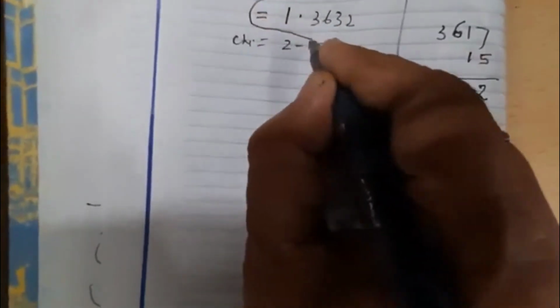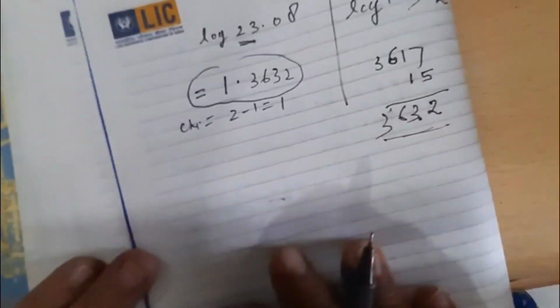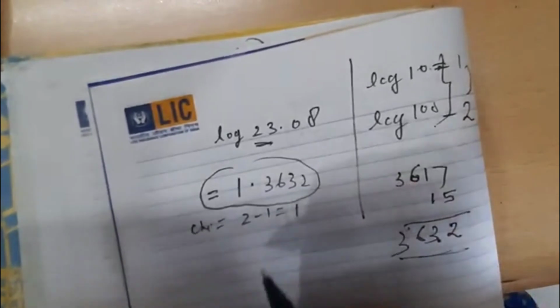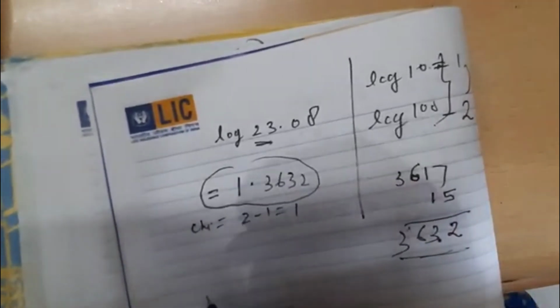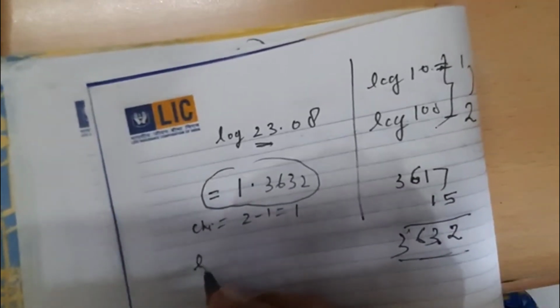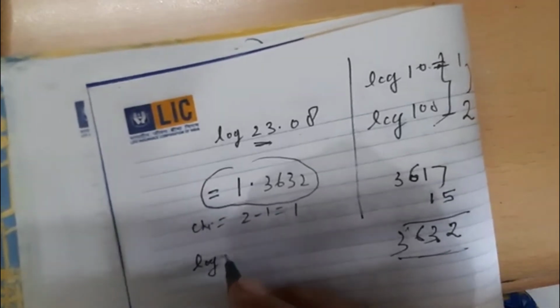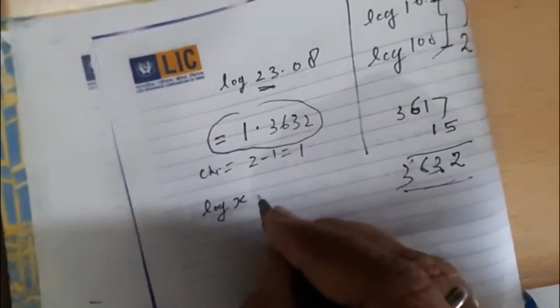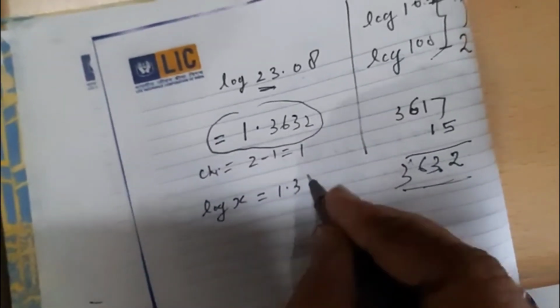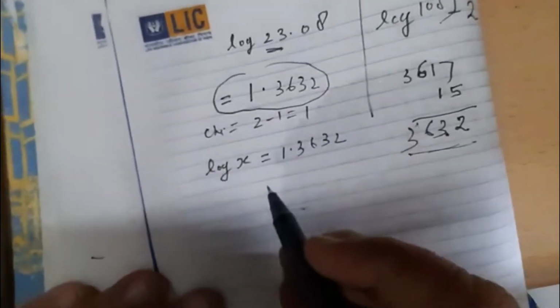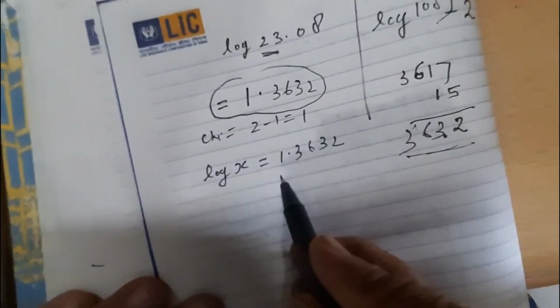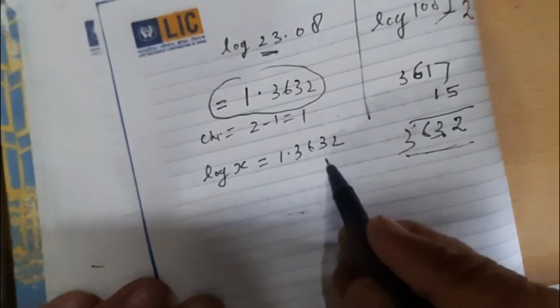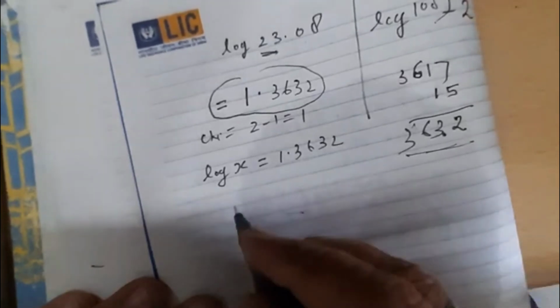This is the value of log 23. We can check this value from the anti-log table. Suppose we don't know the value of this: log x is 1.3632. Here 1 shows the characteristic and .3632 is the mantissa.